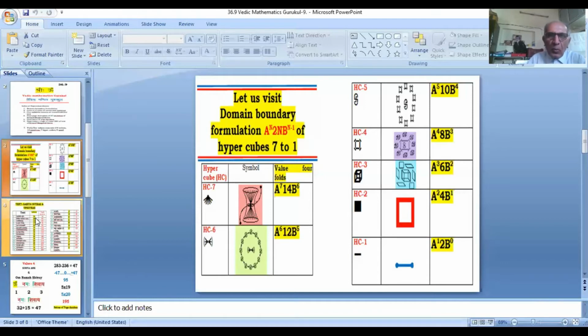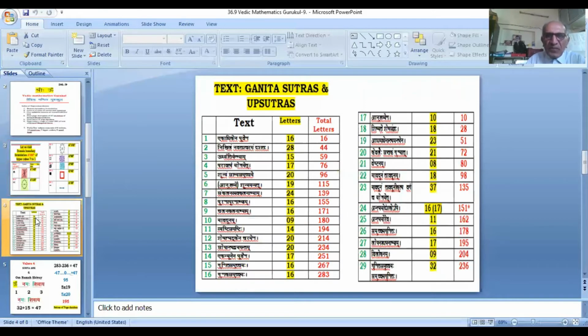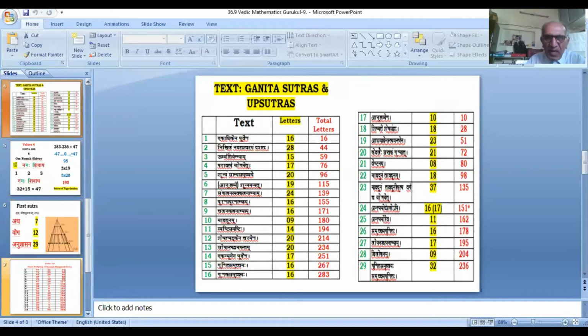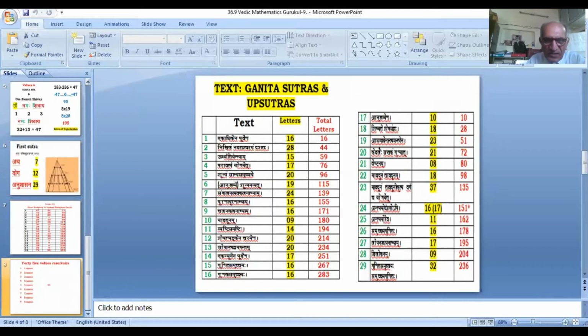Now we are visiting another value of the text of Ganita Sutras and Upsutras. In the previous session, our focus has been upon the number of words as composition of the text.